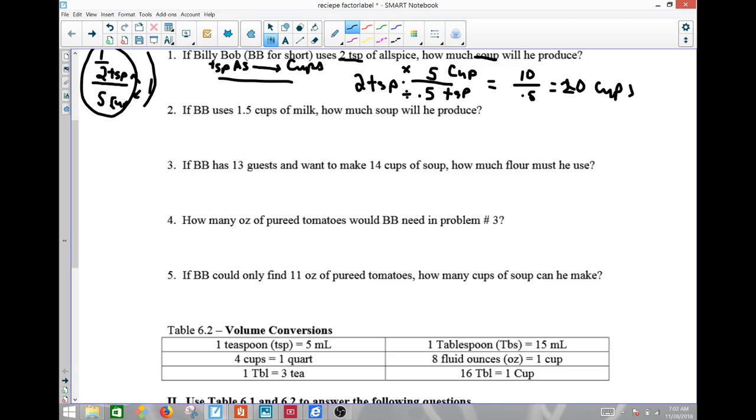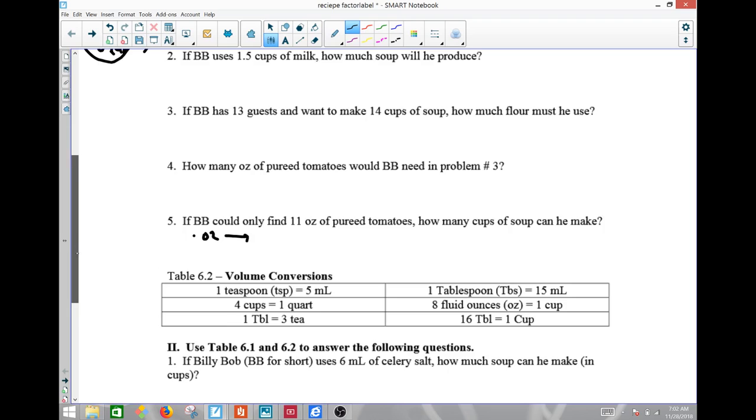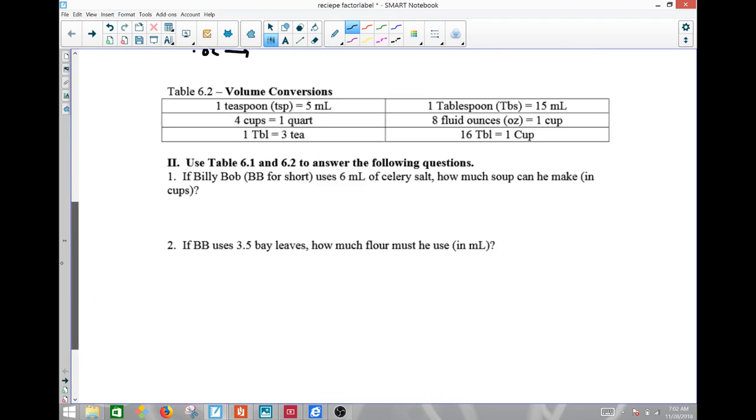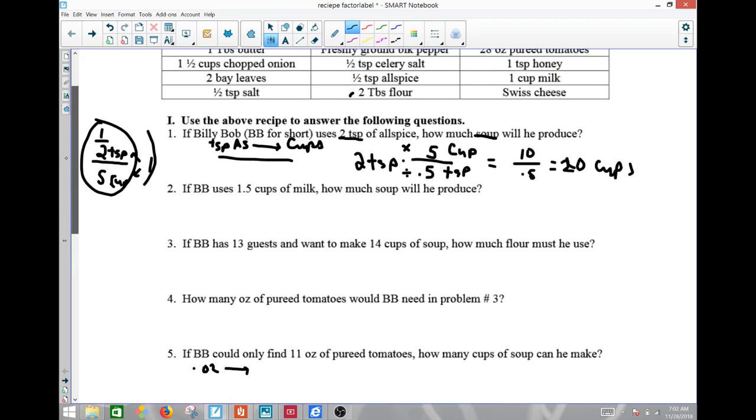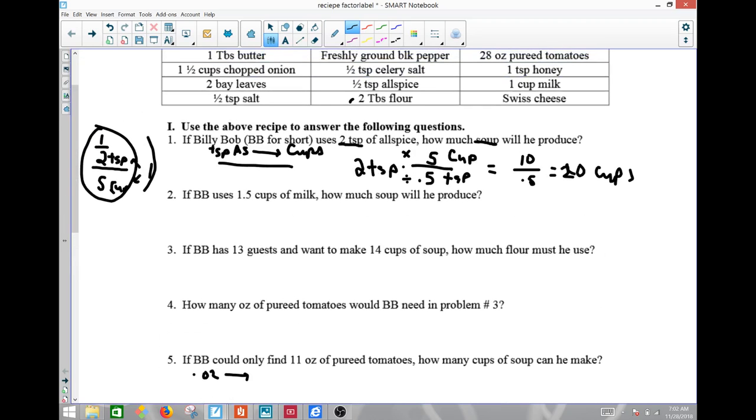So again, I have 11 ounces of soup, and I'm going to go from ounces of soup. Okay, where can I go? Well, my recipe up here says, and this is my stack of equivalencies, that 28 ounces of pureed tomatoes gives me my 5 cups of soup.